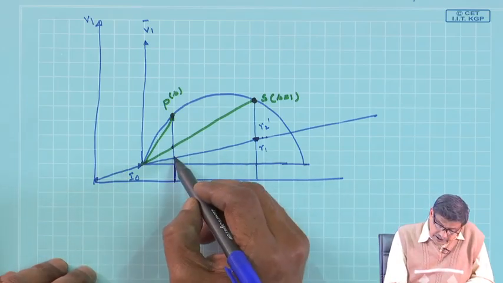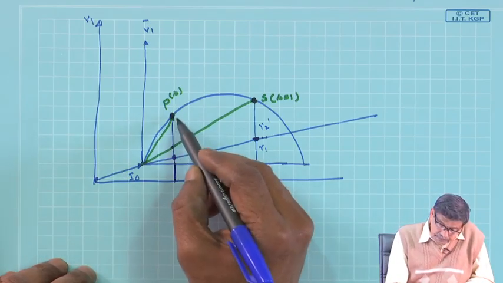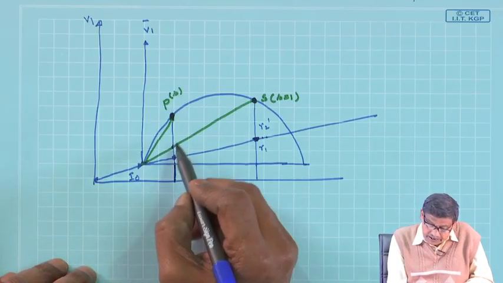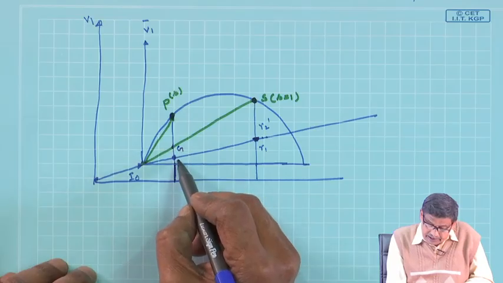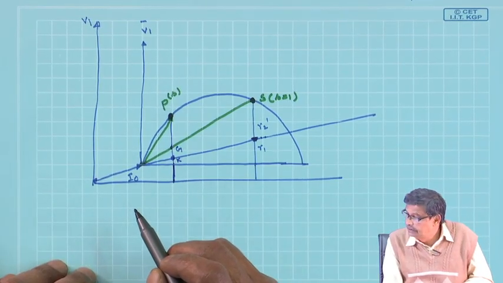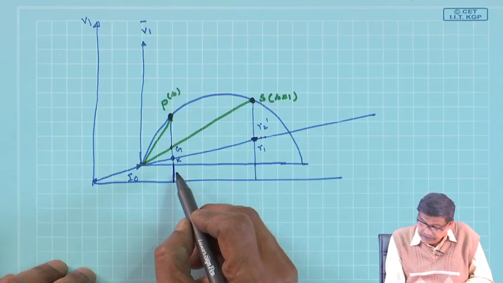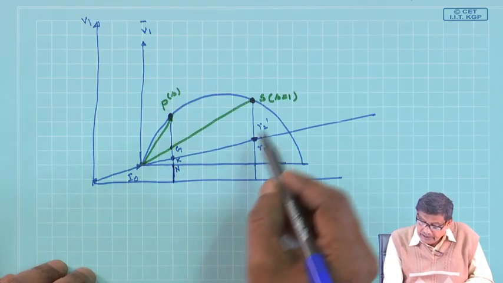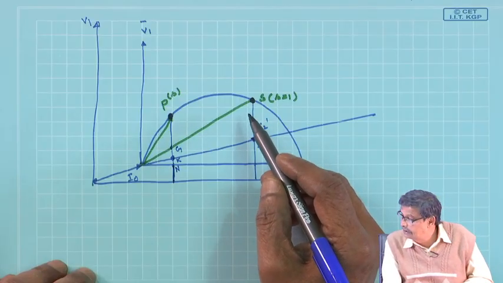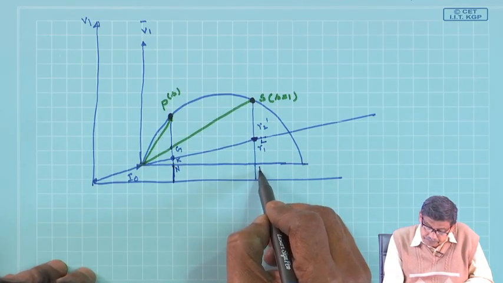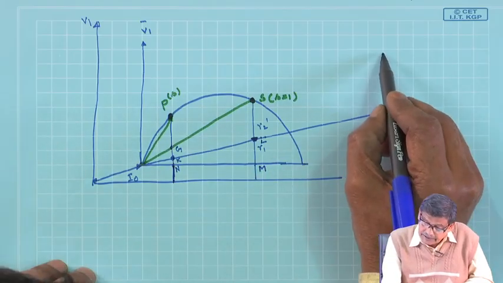So, this length, if I name them as I named previously P, G, K, and this point is suppose N, and here I named it like this, S, L, M.